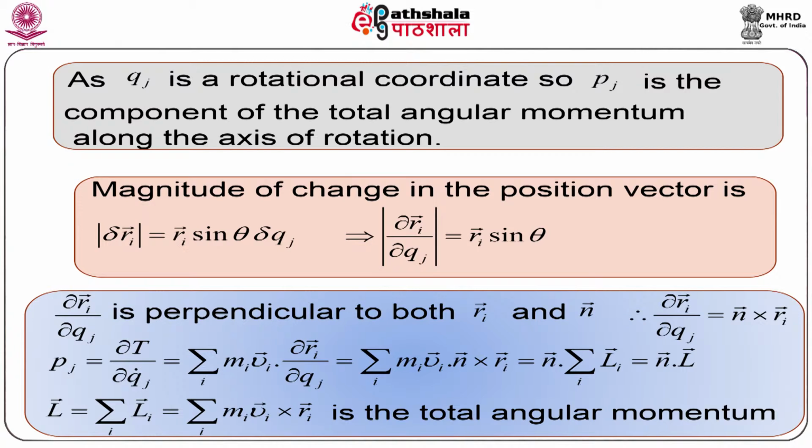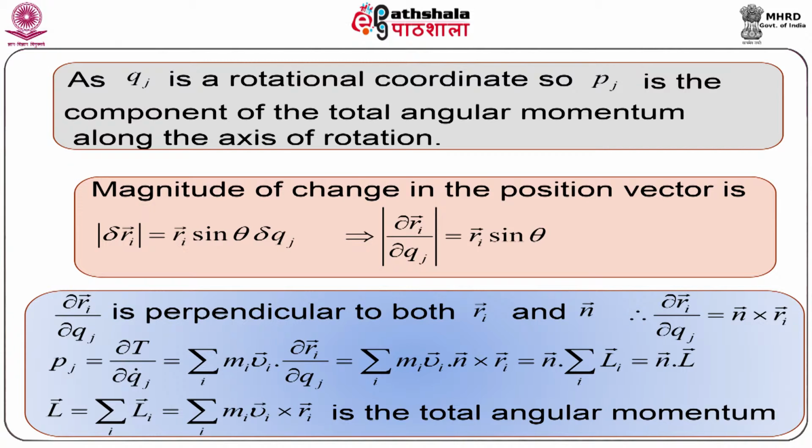If we put the value of del Ri del Qj in this relation, then we get Pj equal to summation over i mi Vi dot n cross Ri.